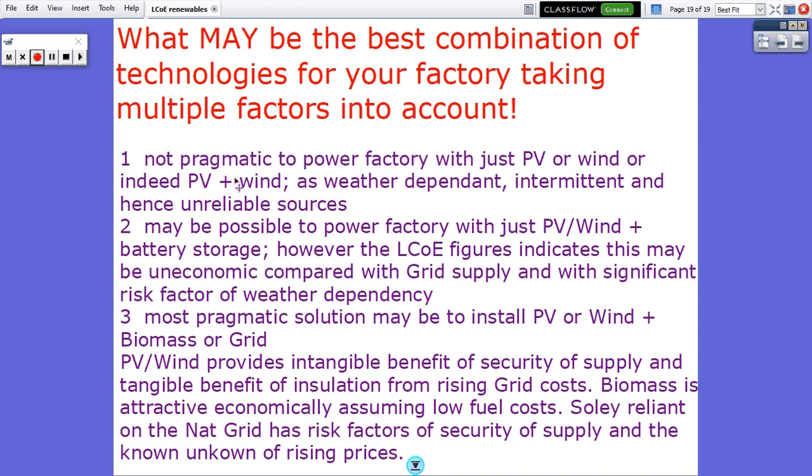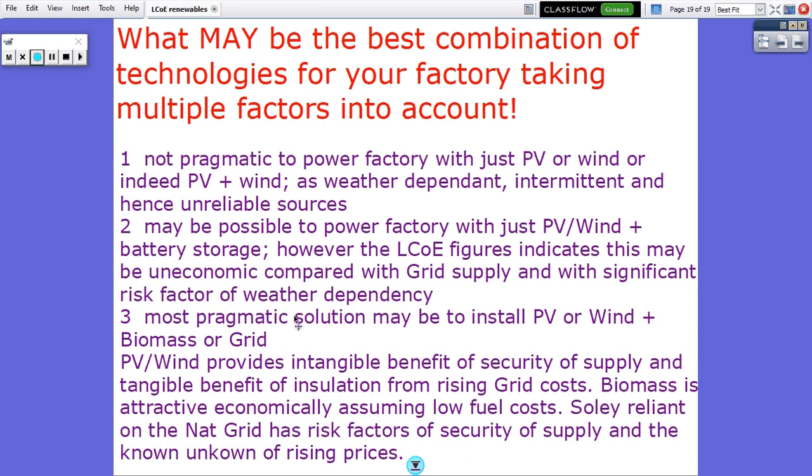And how are you going to overcome that? If you overcome that with battery storage, then your levelised cost of energy figures based on this basic analysis significantly increase. And that, on pure economic cost grounds, would suggest that that's not economically sensible in terms of just comparing it with fossil fuel generation from the grid.